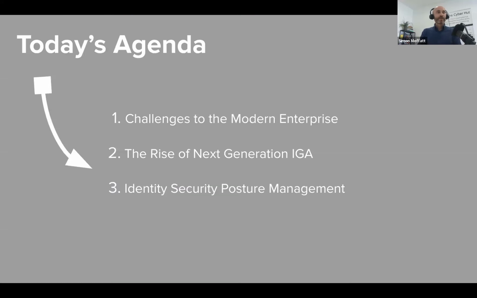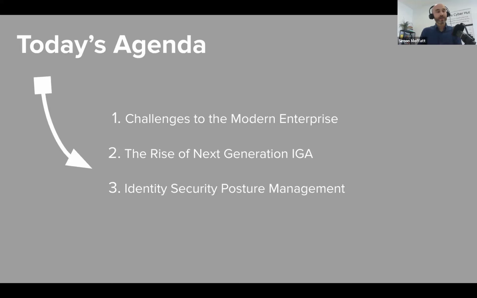Today's agenda, we're going to go on a bit of a journey. Identity governance and administration has been around for a long time, at least 20 years in various different guises. And it's evolving as most things do in the identity and access management sector.